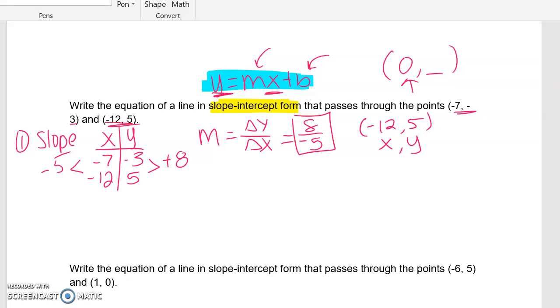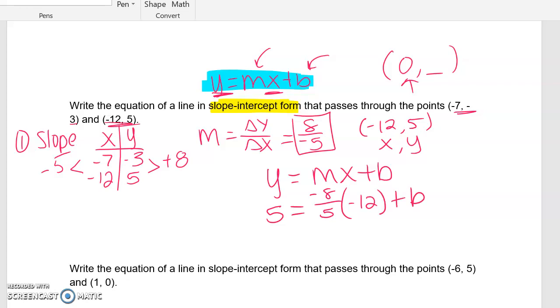So my y value is now 5 equals, now my m is -8 over 5, and my x is -12, plus b. Notice how we filled in every other value but b, and that'll allow me to solve.